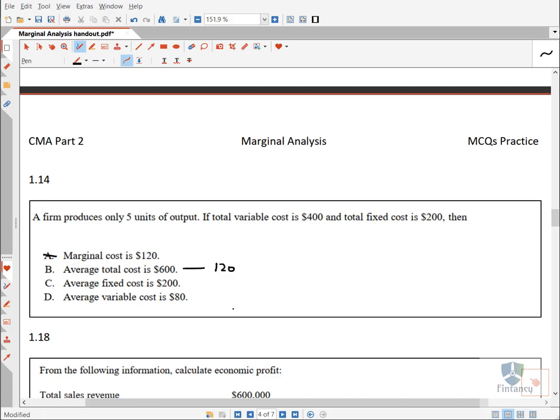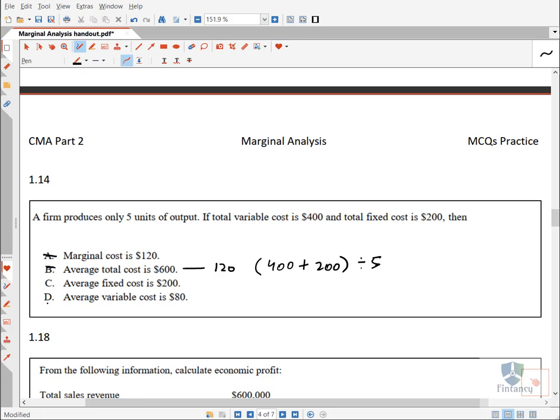Can you calculate for me? You will say, okay, 200 plus 400, how much? 600. Divided by 5, how much? Got the point? 400 plus 200 divided by 5. This will give you the average total cost, which is 120, not 600. So you cannot say B is the answer. So B is also eliminated.